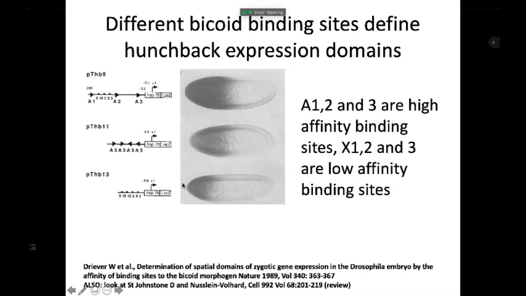And X1, 2, and 3, the low affinity binding sites, which bind bicoid less efficiently, if we only have this, then our LacZ reporter gene is only expressed in the very anterior regions. This is telling us that different bicoid binding sites of different affinities, different capabilities of binding, define the hunchback expression domains.